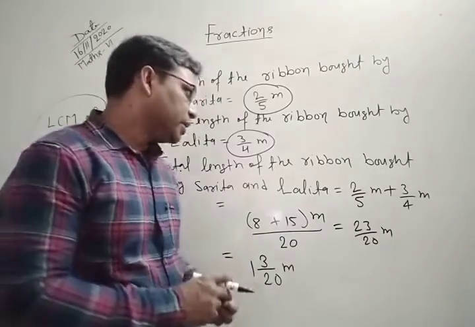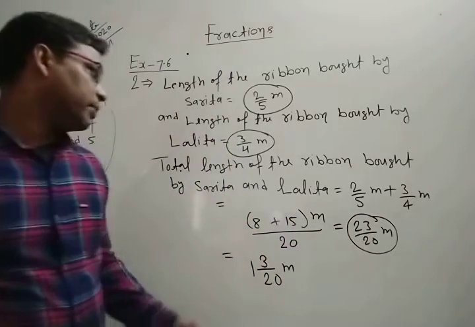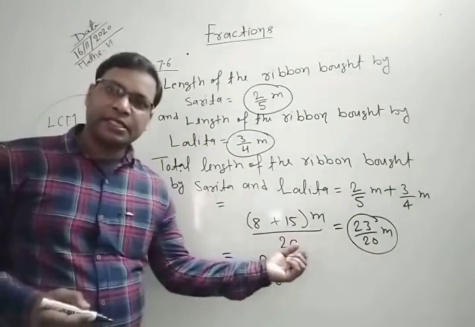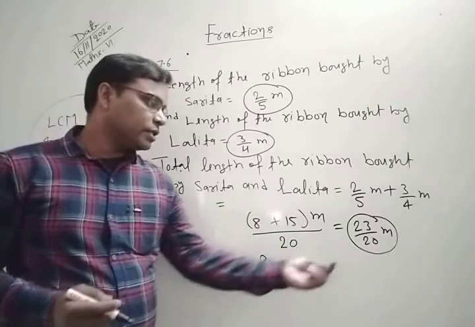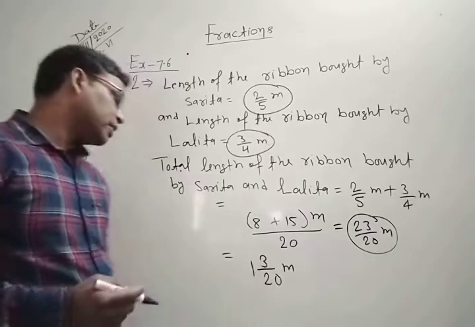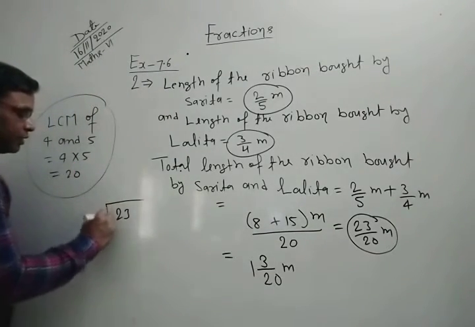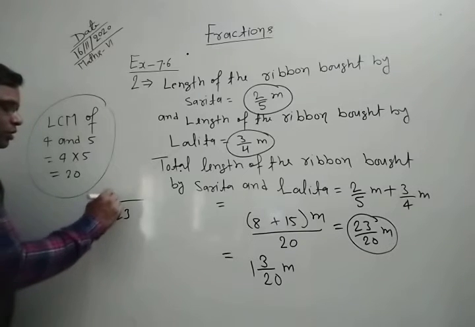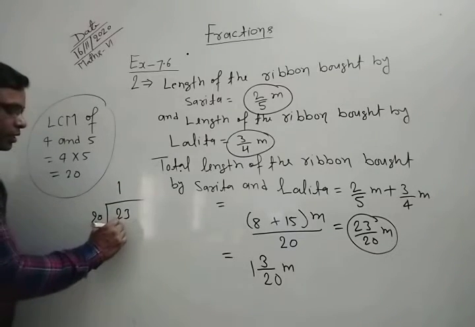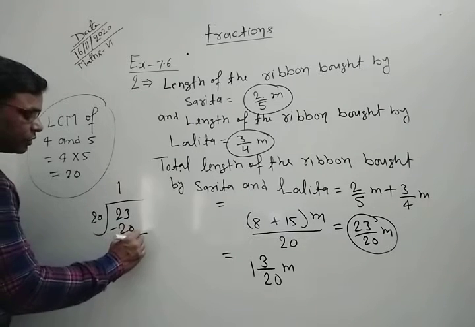This is the total length of ribbon bought by Sarita and Lalita. Also you can convert it into a mixed fraction. For a mixed fraction, you divide 23 by 20, and we obtain 1 as the quotient, and the remainder, if we subtract them, is 3.